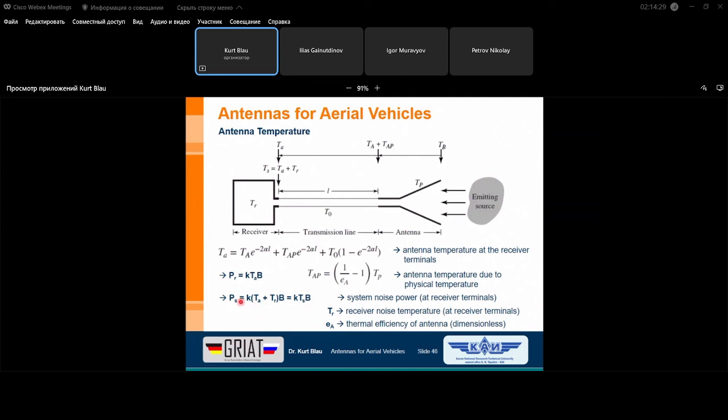And multiplied with the Boltzmann constant and the equivalent noise bandwidth, you have the output noise power for the overall system: antenna, feed line or transmission line to the receiver input, and here also considering the noise figure or the equivalent noise temperature of the receiver itself.